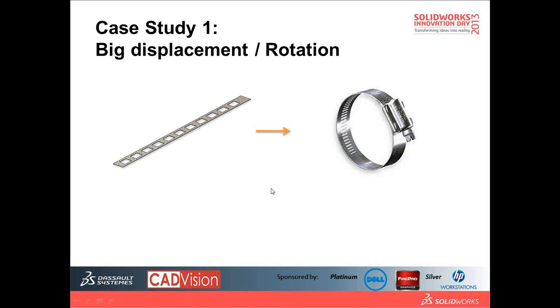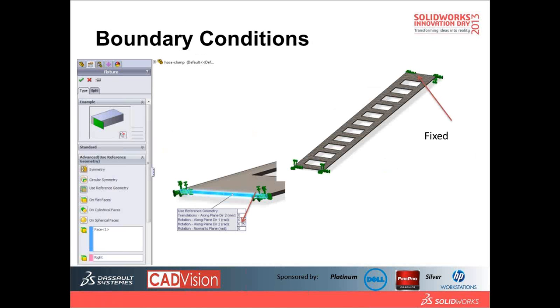We have a metal strip, a very thin strip. This is a hose clamp. What we do is try to make it into a circle, and then tighten up the screw. At this stage, we will see how the stress builds up during the rolling. So this is quite a simple setup. Let's have a look at the boundary condition. For this question, it is rather simple.